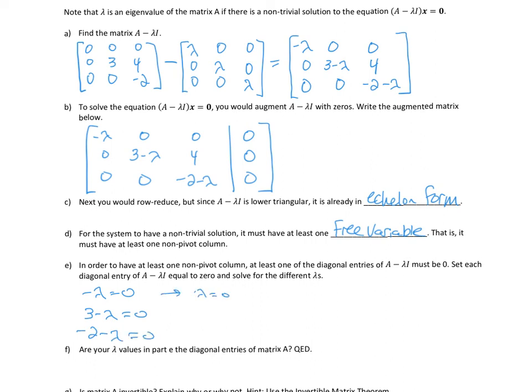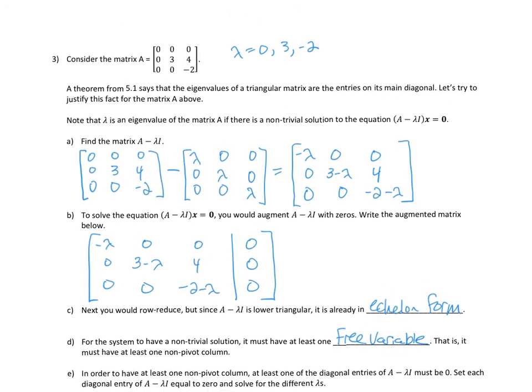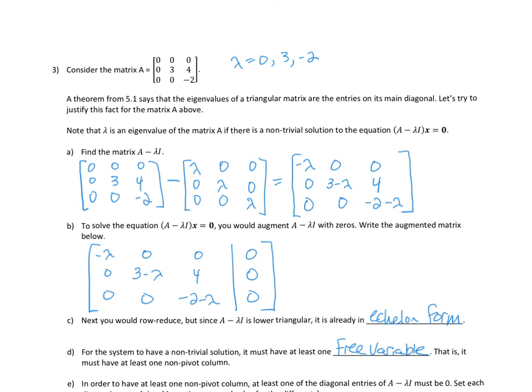So lambda equals 0, lambda equals 3, or lambda equals -2. Are these lambda values the diagonal entries of matrix A? Let's scroll back up and look at A. Yes. 0, 3, and -2.